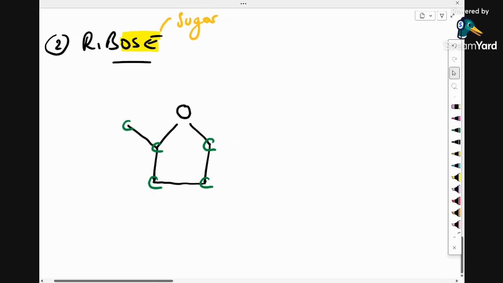So the reason why I mention ribose now is that there are 5 carbons in our structure. And there are obviously groups hanging off here, off the carbons, hydrogens, hydroxyl groups, but I'm not drawing them in for simplicity. The main point is we have 5 carbons, and we number from this carbon here. So carbon 1, 2, 3, 4, and 5.